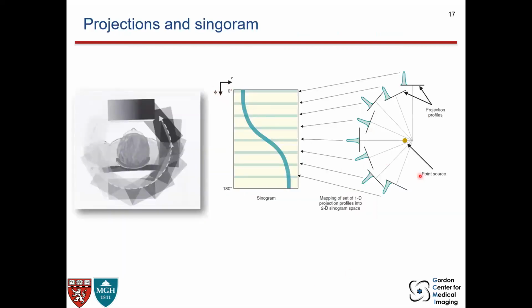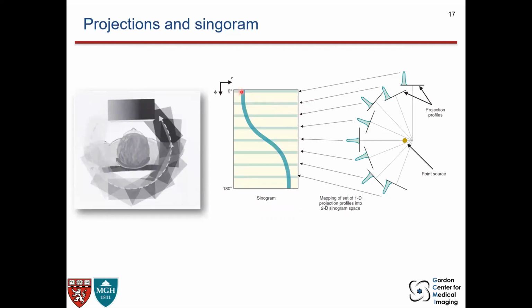So this is a sinogram, and as you can see, in this case you have the first line of the sinogram as this projection, and when you rotate the detector head around the patient, you are filling up another line in the sinogram, which is basically a function of distance as well as angle, right?